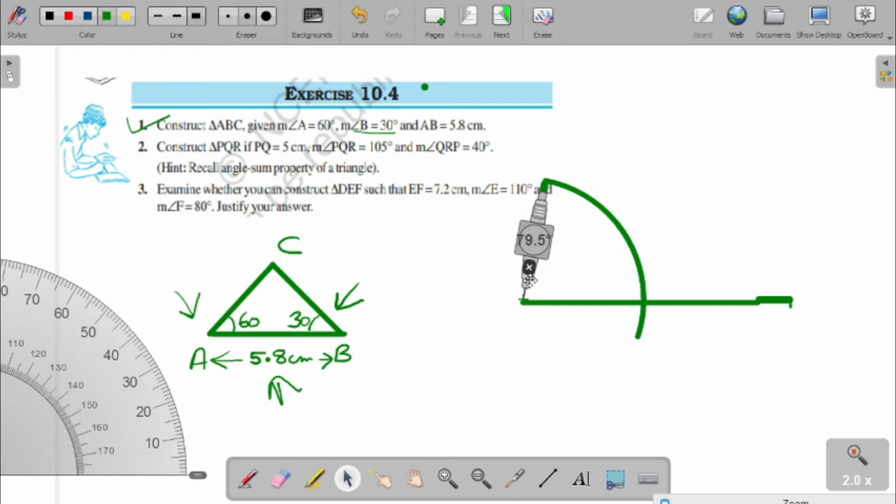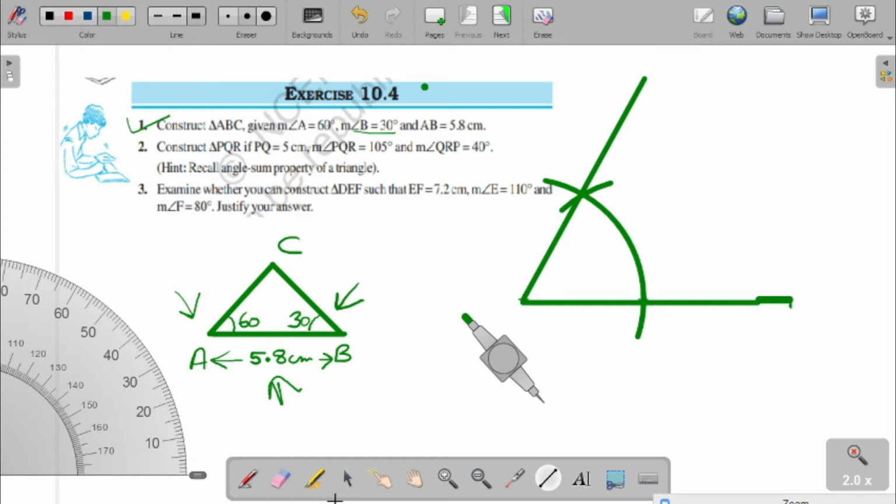Then we can take it from here, first cut, then we go for the second cut. This is 60 degrees. Whatever radius you take in the beginning, the radius must not change. Otherwise you don't get the correct 60 degrees. So here is the 60 degrees. We can extend it.